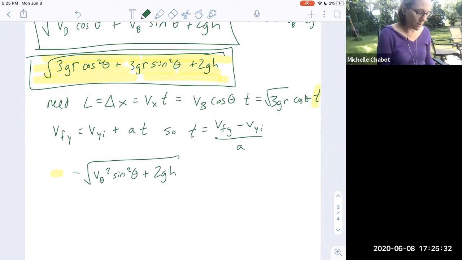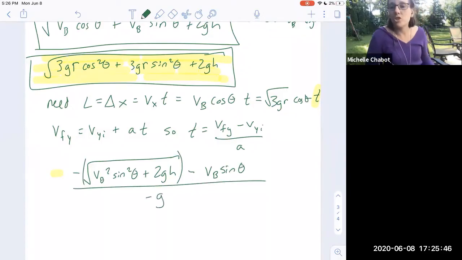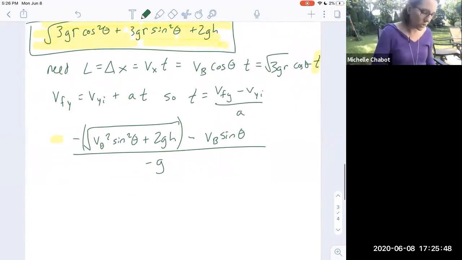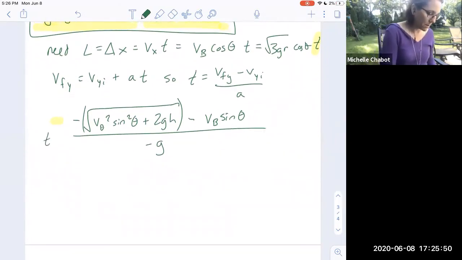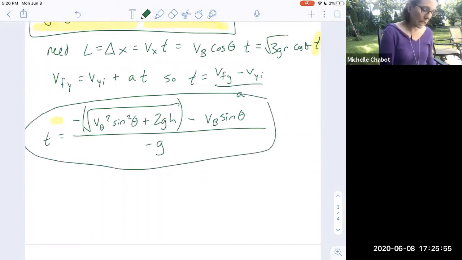So that's Vy final, I made it negative, minus Vy initial, which was Vb sine theta. And then I put that all over A, over negative g. So my negatives are all going to cancel out. And so my time is going to equal this ugly thing.